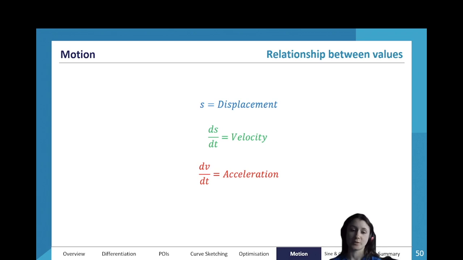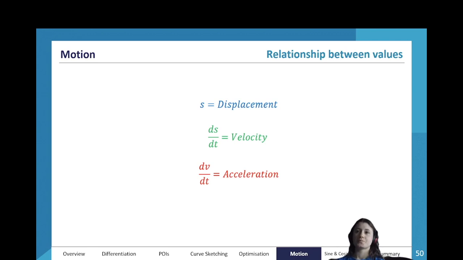Sometimes you'll get displacement being x. It really depends on the textbook and the exam. Calling it s is more of a physics notation, I guess. So if you're in physics, that might seem familiar. If not, that is just how we've chosen to represent it here.